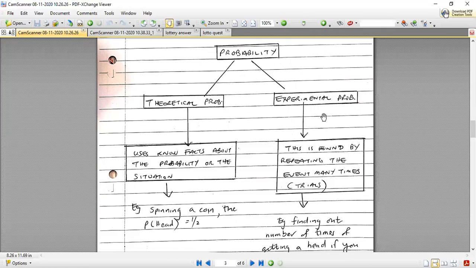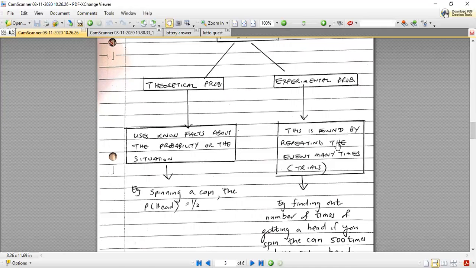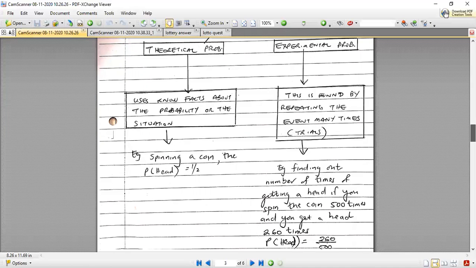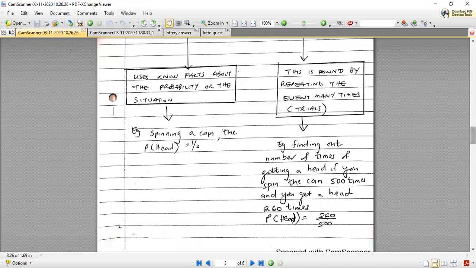But in reality, does that happen? Let's look at what we call experimental probability. This is found by repeating the event many times, by doing many spins of the coin, or trials we call it. This would be called experimental probability. So coming back to that example, if we spun the coin 500 times, and when you counted the number of times you got a head, it worked out to 260 out of 500.